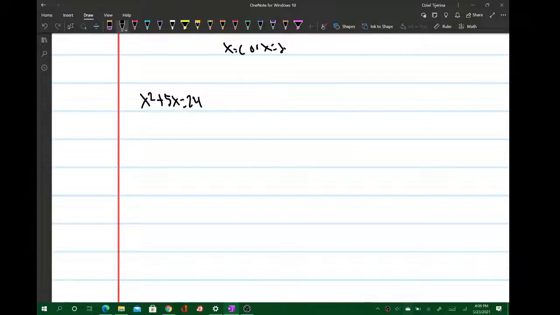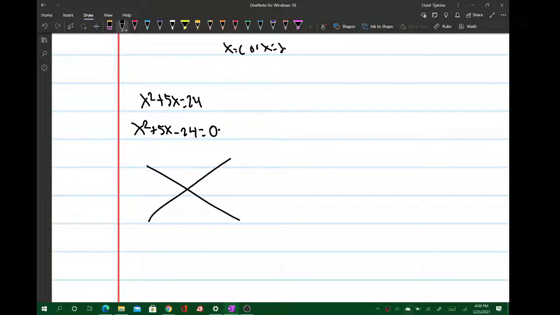Now we're going to try to solve this, and again, you can use your Xbox and your square method. That's okay. It would be great though if you learned how to do it just by doing it in your head, because basically you just ask yourself, well, you subtract 24 on both sides, right? And it would be equal to 0, and then you would say, well, what are two numbers?